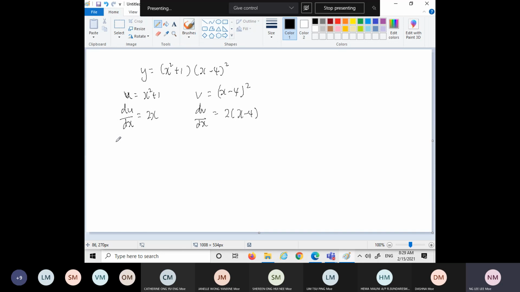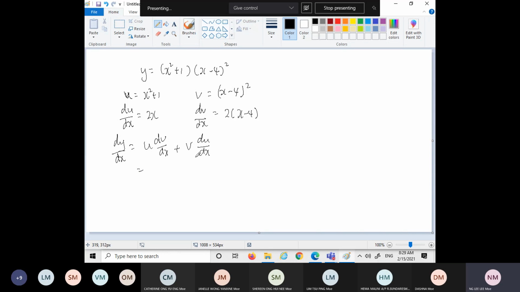So if the product rule, I write out dy/dx equals u dv/dx plus v du/dx. Product rule.